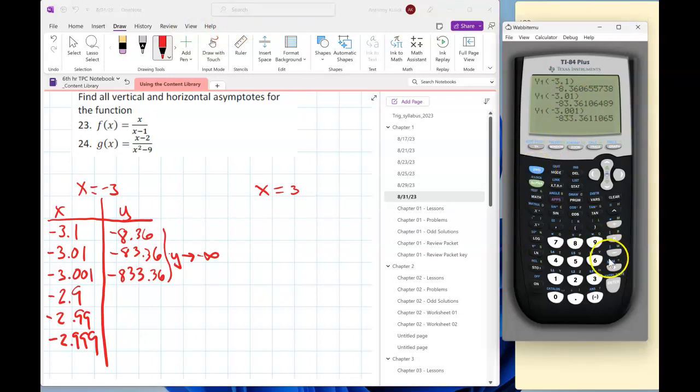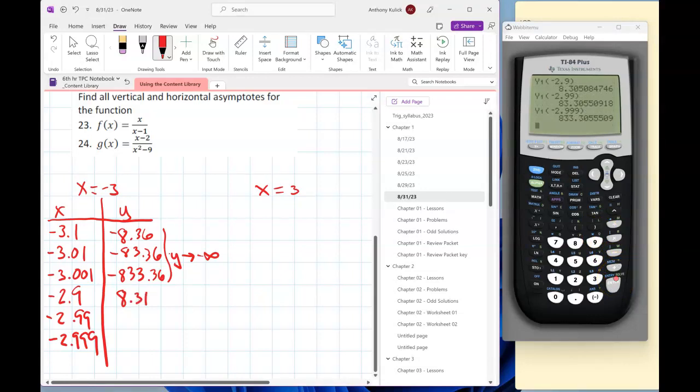Now let's do the next three. So again, I'll press second and enter to recall the last thing I had in there. I'll edit that to put the negative 2.9 in there, and then press enter. Recall that last thing, edit it to negative 2.99, and then once again to negative 2.999.